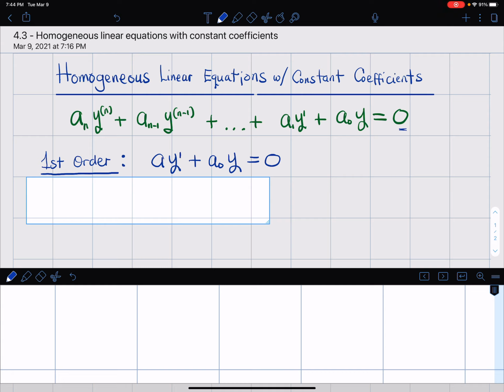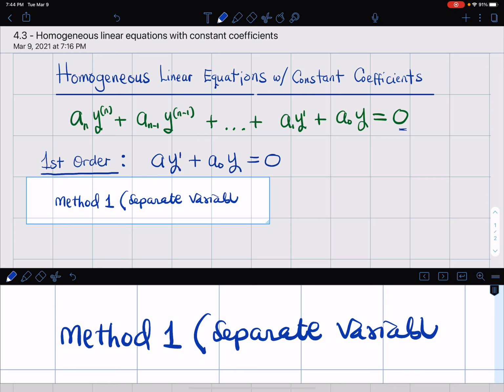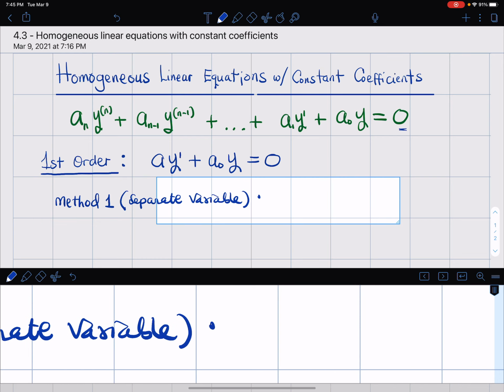So there are several methods. The first method, let's call it method 1, is to separate variables. Treat it as a separable equation.